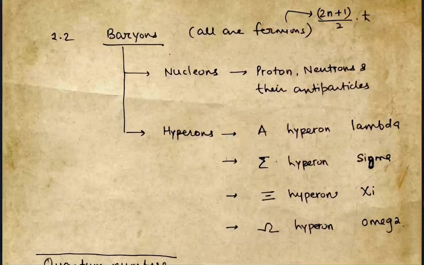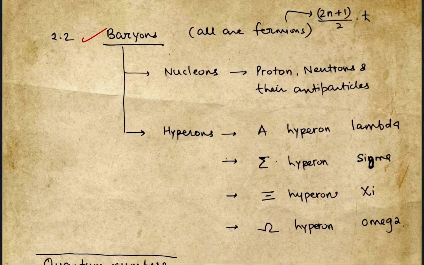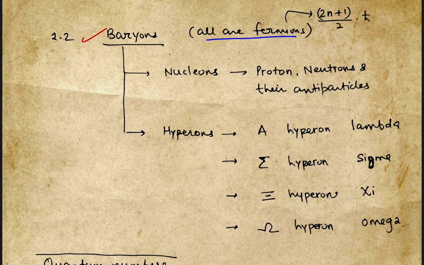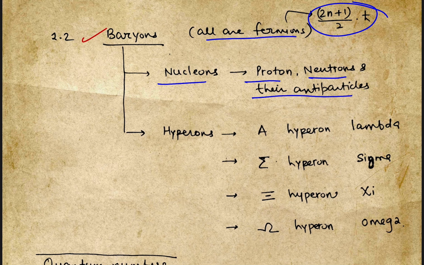Now let us look at baryons. These all are in the classification of fermions, which have odd half-integral units of spin. Nucleons are basically protons, neutrons, and their antiparticles. That's it. Now let us come to hyperons.